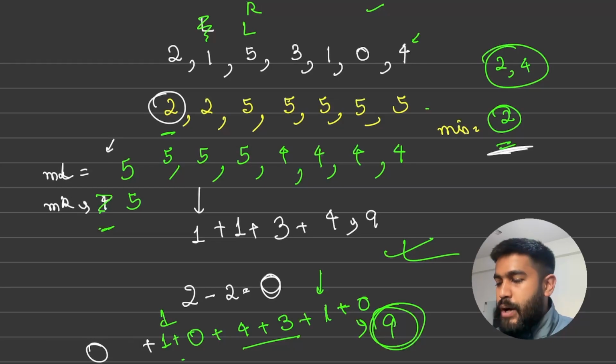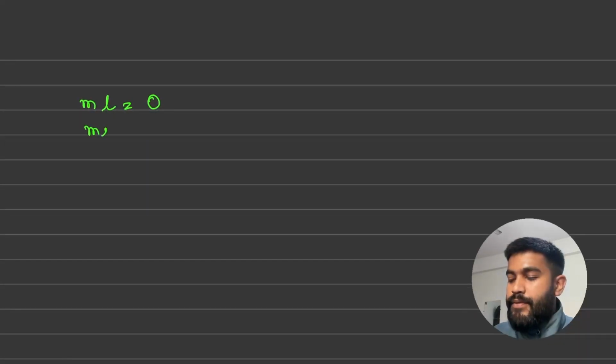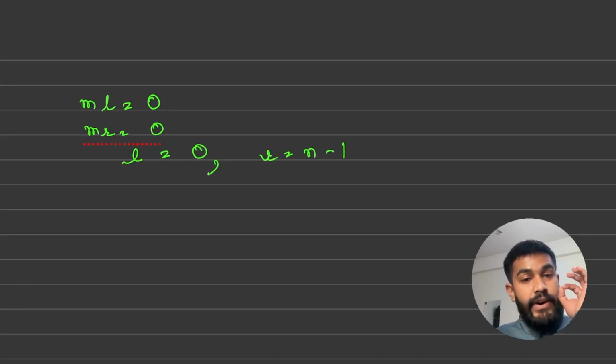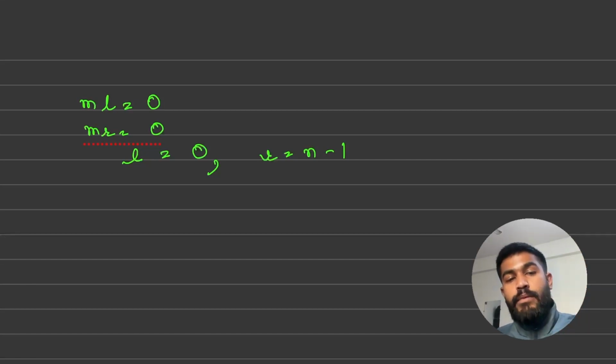So the pseudo approach would be that we would keep a variable m of L initially set to 0 and m of r initially set to 0. We would have two pointers, L equal to 0 and r equal to n minus 1. The first thing we should do is update the m of L and m of r.